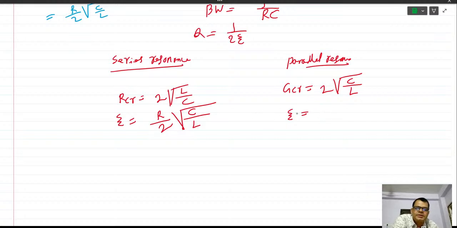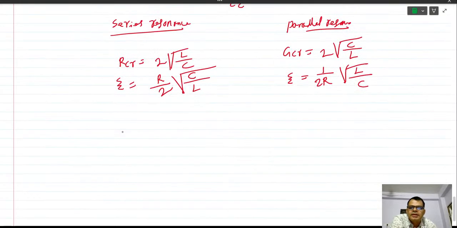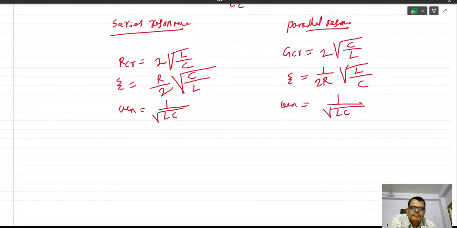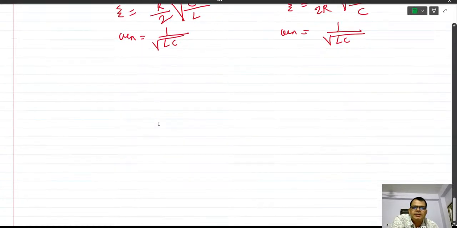Zeta is valid for both circuits. For G you can write 1 upon R, and write C for L and L for C. Then omega n is 1 upon root LC; swapping L and C, it remains the same. When you make notes in this fashion, if you remember one thing, you automatically recollect the other.